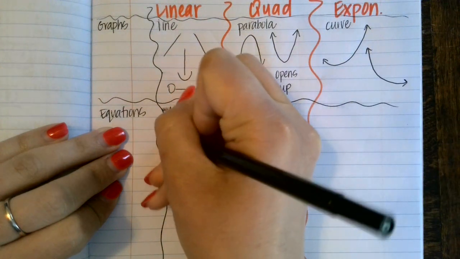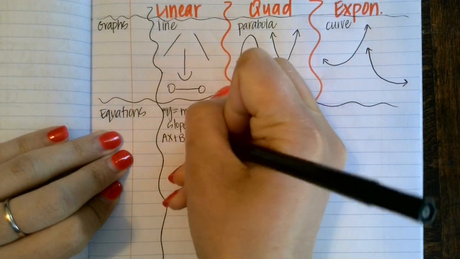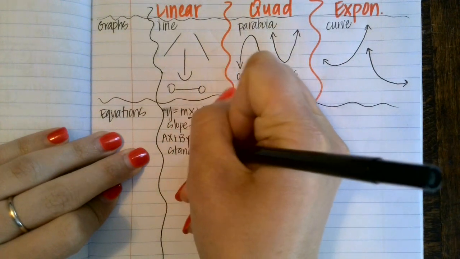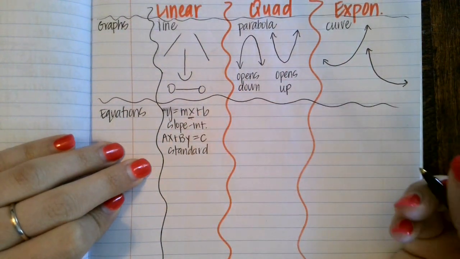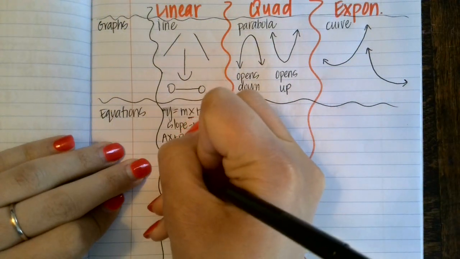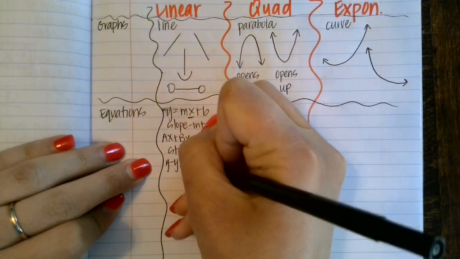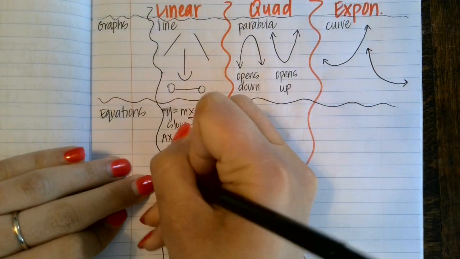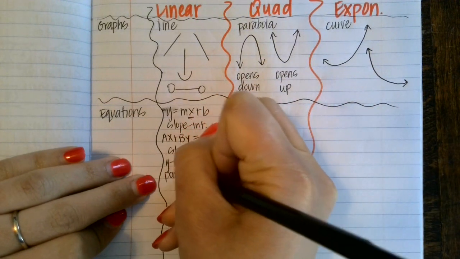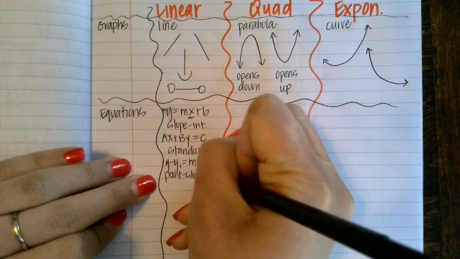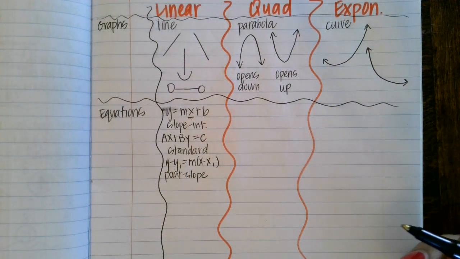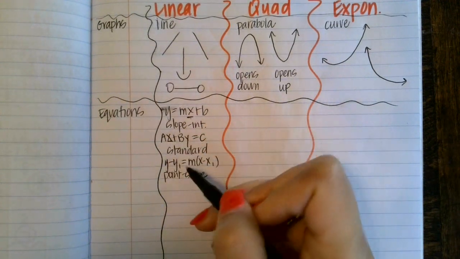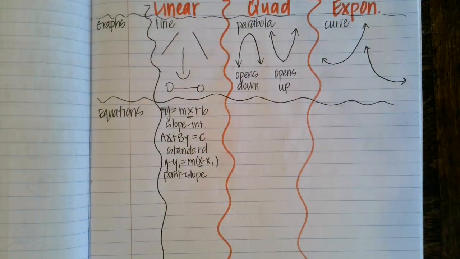Then we have ax plus by equals c. That's your standard equation. And then we also have y minus y1 equals m times x minus x1. That's your point slope equation. Again, there's just a singular x, no exponent, no squared, just a singular x.